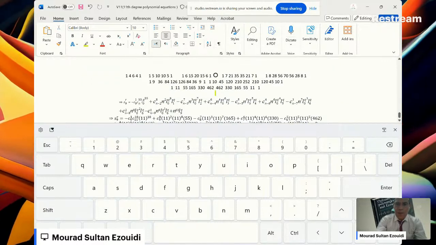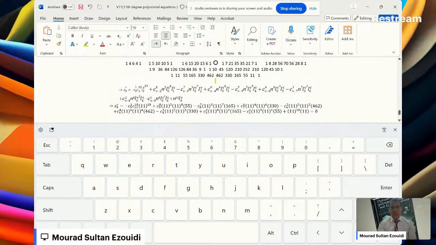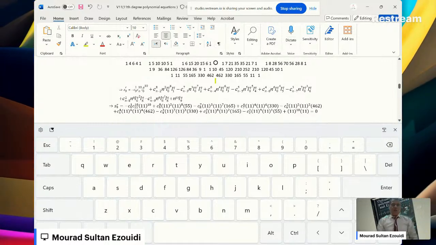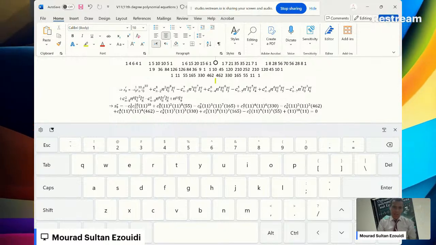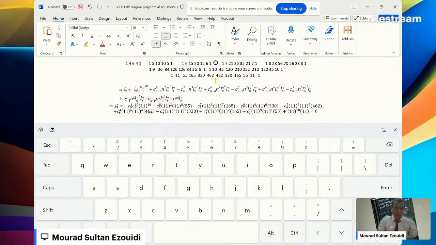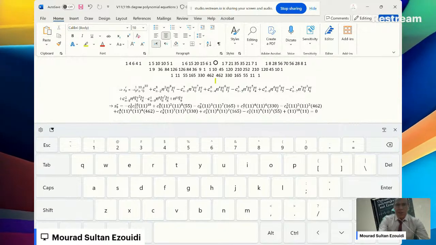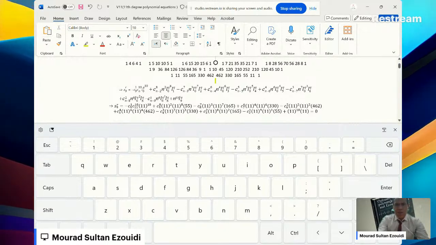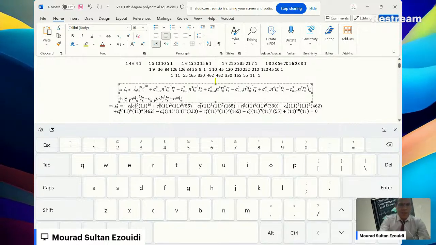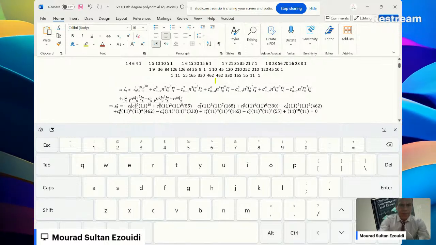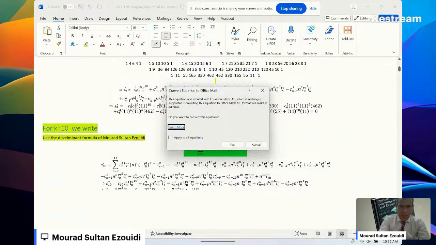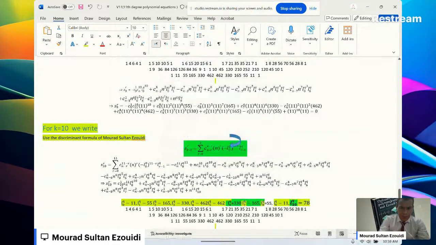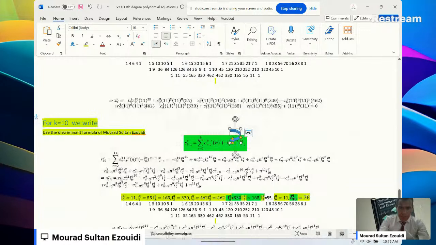Okay. Now come here and change the value of L0 and 1 up to L9. Okay, this is the formula: L0 and 1 and 2 and 3 and 4 and 5 and 6 and 7.